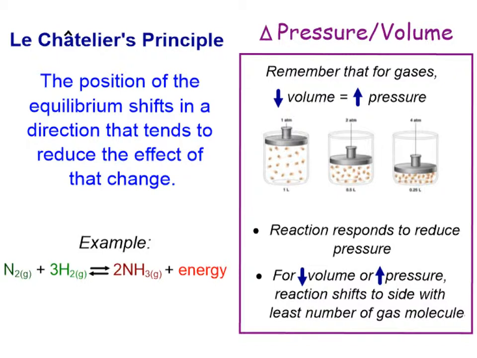That means there are 4 gas molecules on this side. There are only 2 gas molecules on this side, 2 ammonia molecules. So this reaction is going to shift to this side because it wants to reduce that pressure. So it will shift to the right and produce more product if we reduce the volume or increase the pressure. If we do the reverse, the opposite is true. The reaction will then shift to the side with the most number of gas molecules.